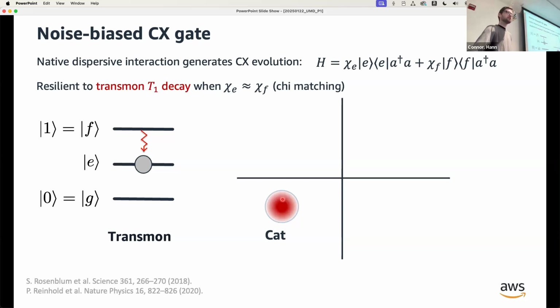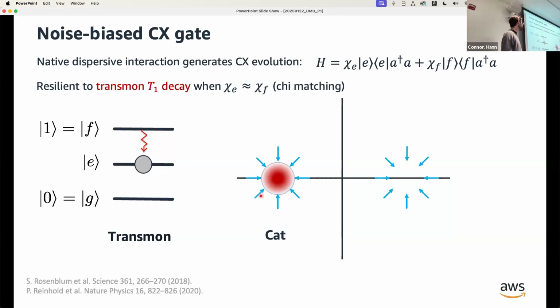What happens then is if we turn back on the dissipative stabilization to return this mode to the cat code space, this state will be dragged back to the ideal minus alpha state. And so the point being that even if we have a T1 decay error in the transmon occurring, we still successfully realize this rotation from plus alpha to minus alpha. And so this gate should be robust to transmon T1 errors, at least from the perspective of the cat and its bit flips.